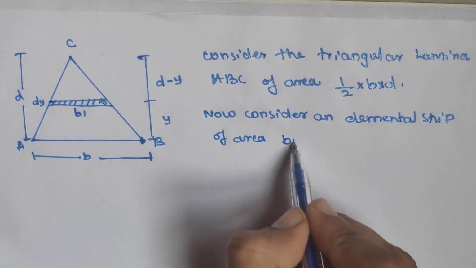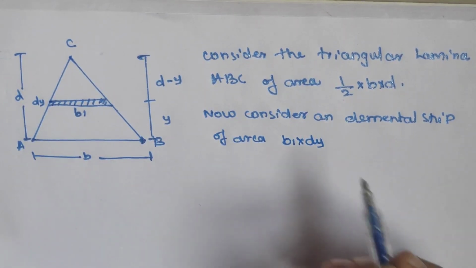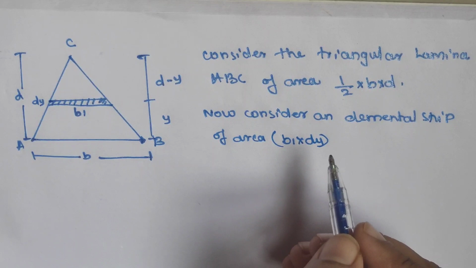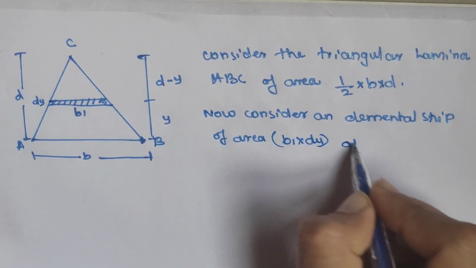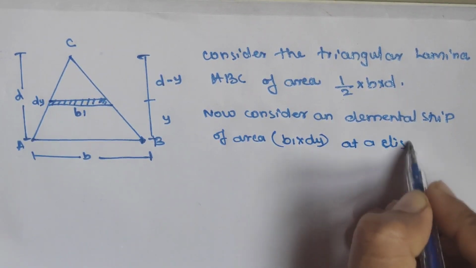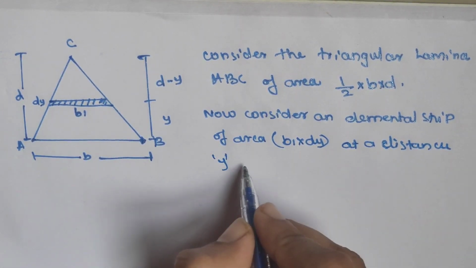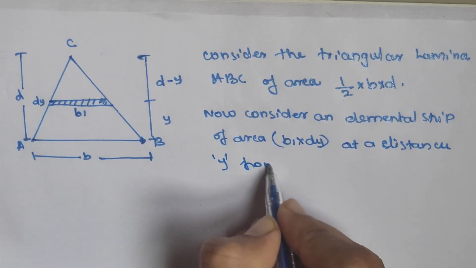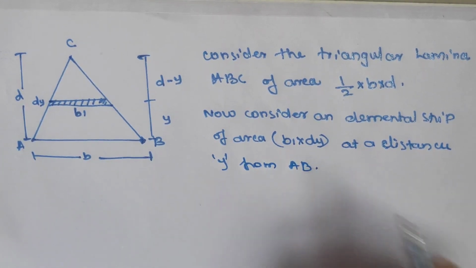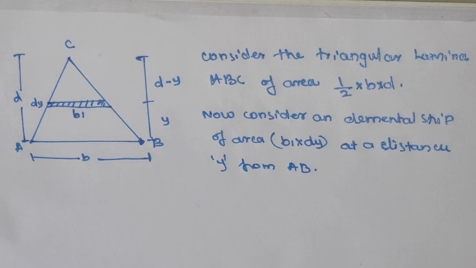So B1 into dy will be the area of the elemental strip at a distance y from base AB. So these are the initial conditions.